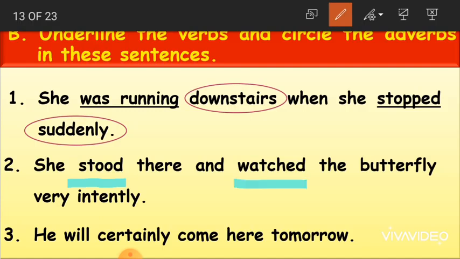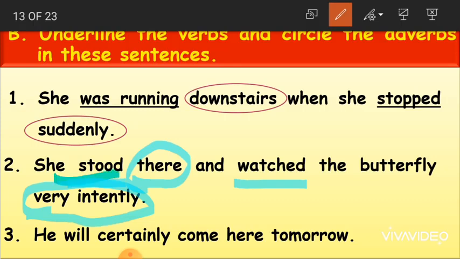She is doing some work there. She is standing and she is watching. Where? There. How is she watching? Very intently. So stood and watched become verbs. There and very intently become our adverbs. Okay, these two become our adverbs.